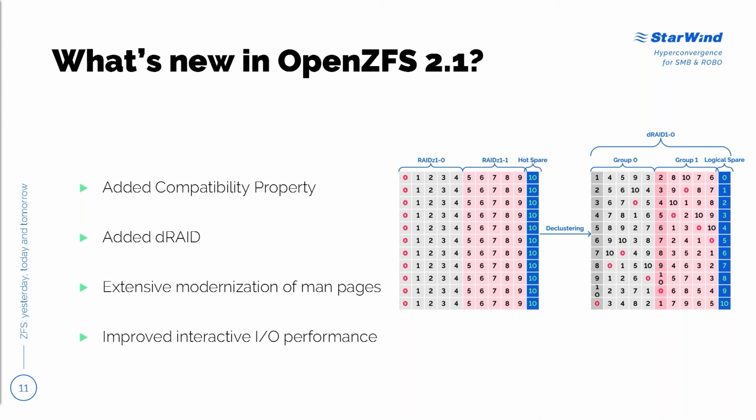Additionally, a dRAID VDEV shuffles its child VDEVs in such a way that regardless of which drive has failed, the rebuild IO will be distributed evenly among the surviving drives. And this is a really good improvement when it comes to faster rebuild times of dRAID compared to a common RAIDZ.